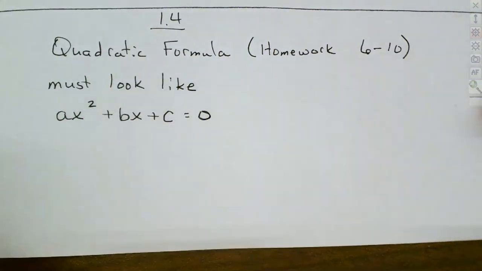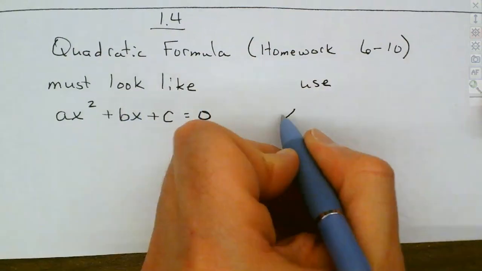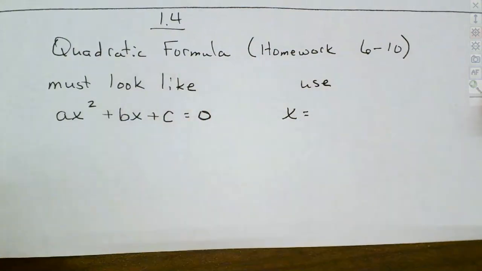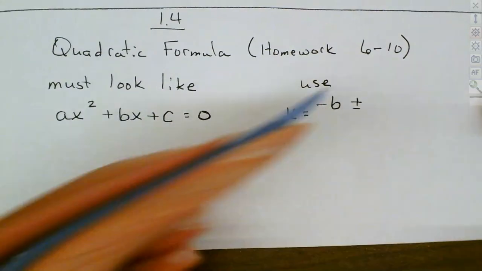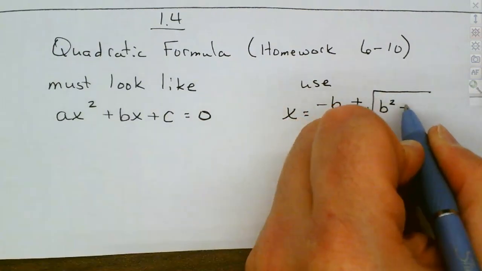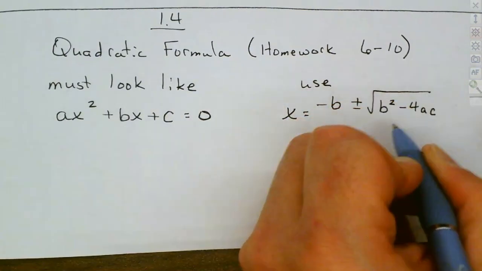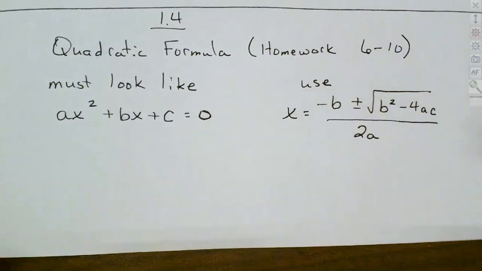And we're going to use what's called the quadratic formula. This is our quadratic formula. X equals minus b plus or minus the square root of b squared minus 4ac all over 2a. So this is called our quadratic formula.